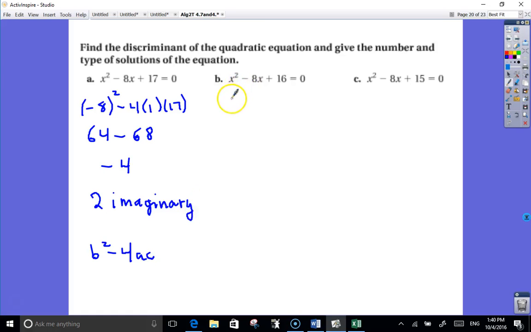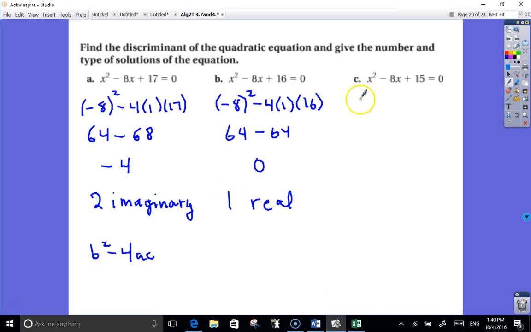Okay, the next one, negative 8 squared minus 4 times 1 times 16. That's 64 minus 64, which is 0. How many and what type of solutions? One real. And then the last one, negative 8 squared minus 4 times 1 times 15.